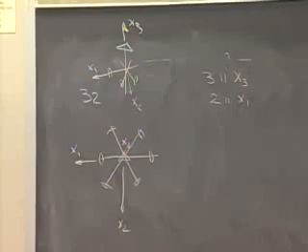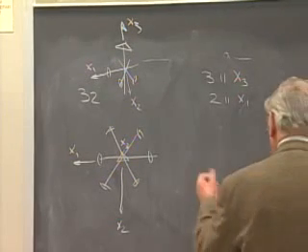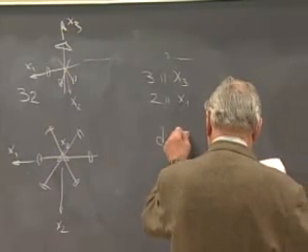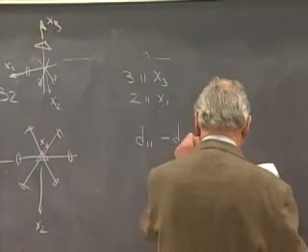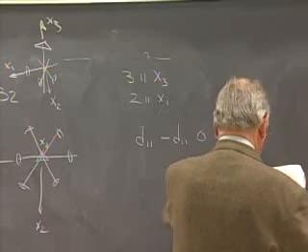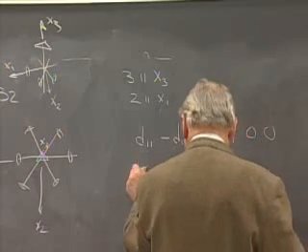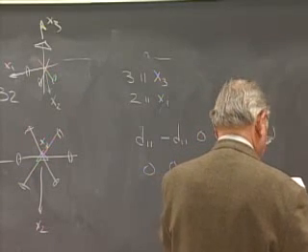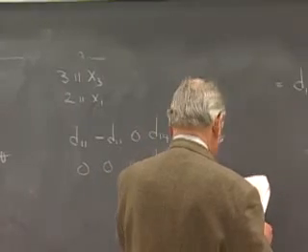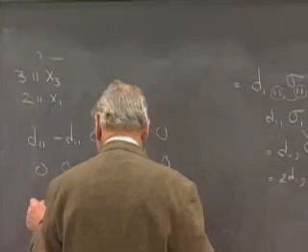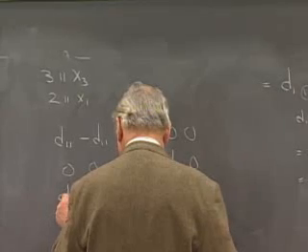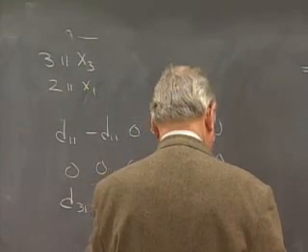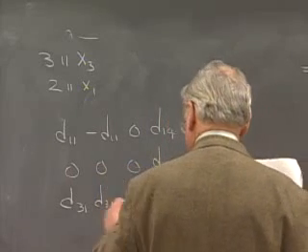With that coordinate system, the form of the piezoelectric modulus matrix has this form: d11, minus d11, 0, d14, 0, 0, 0, 0, 0, d15, minus d14, 0, and in the bottom row, d31, d31, d33, 0, 0, 0.